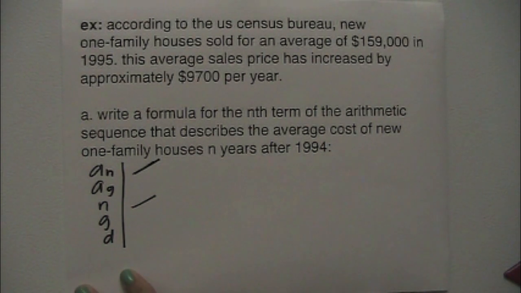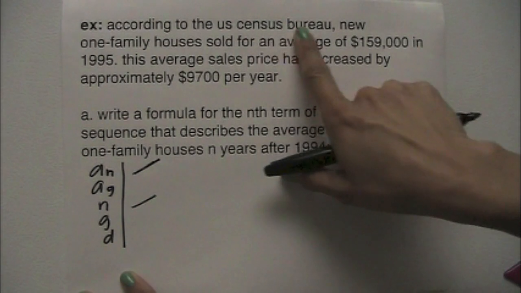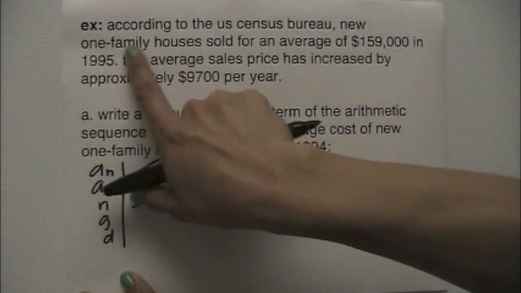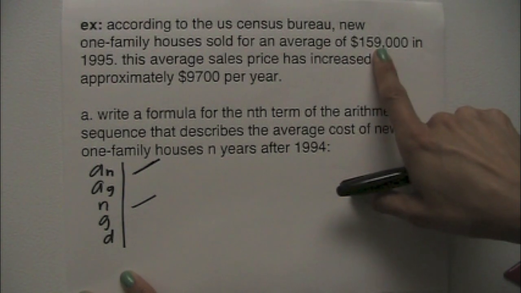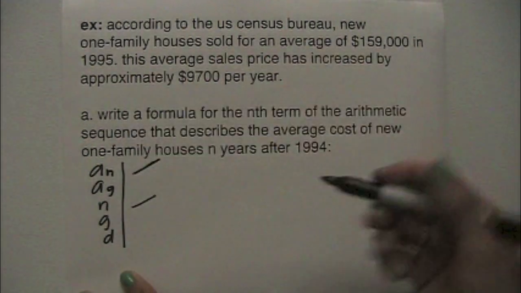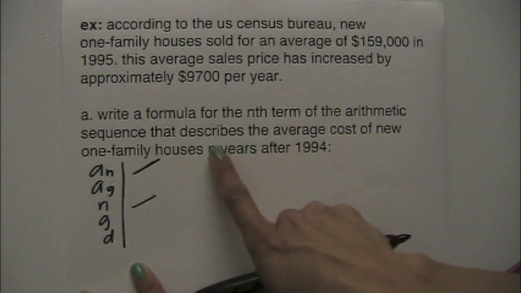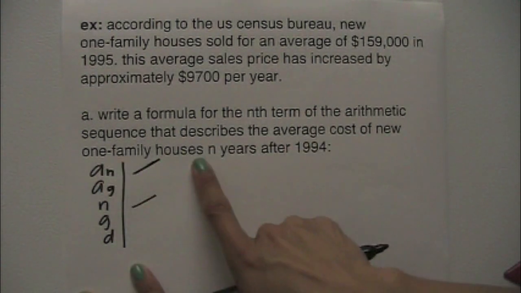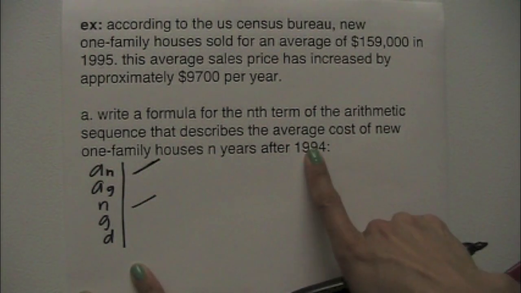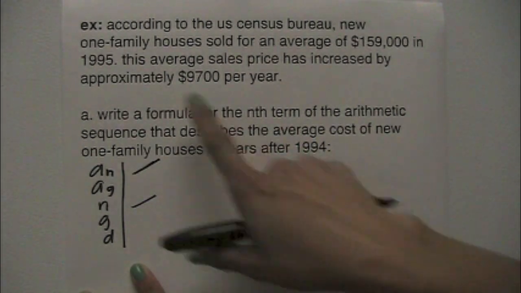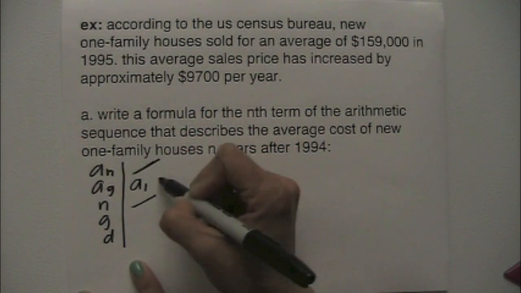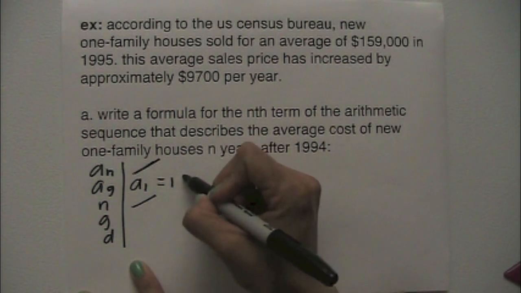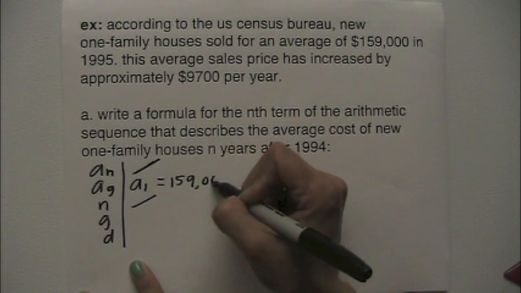The first term we're given would be, let's see, right here, new one-family houses sold for an average of $159,000 in 1995. So because this says the average cost of new one-family houses n years after 1994, that would put us at 1 year after. So it's going to be a sub 1 is $159,000.